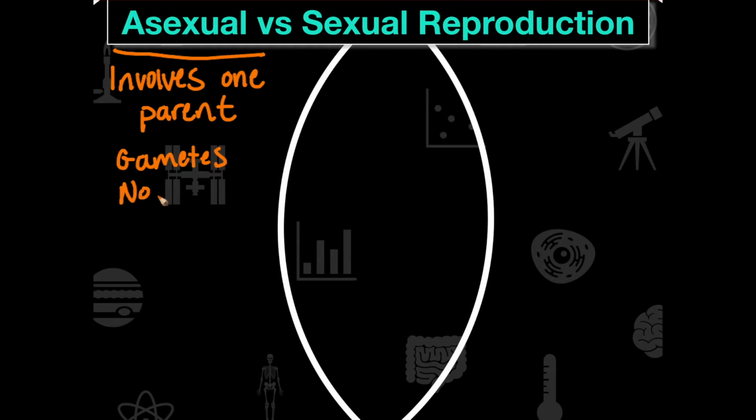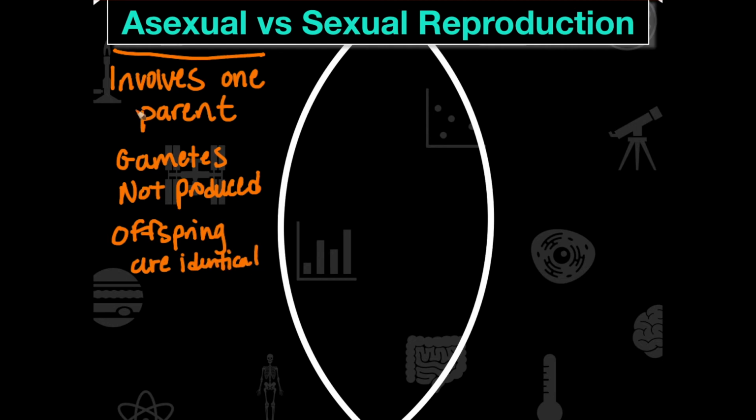So gametes are not produced. When we're talking about those gametes, we're talking about sperm and egg cells with sexual reproduction. Now, the offspring are going to be identical. I'll go through and put in some bullet points here so we can better see this. Offspring are identical.